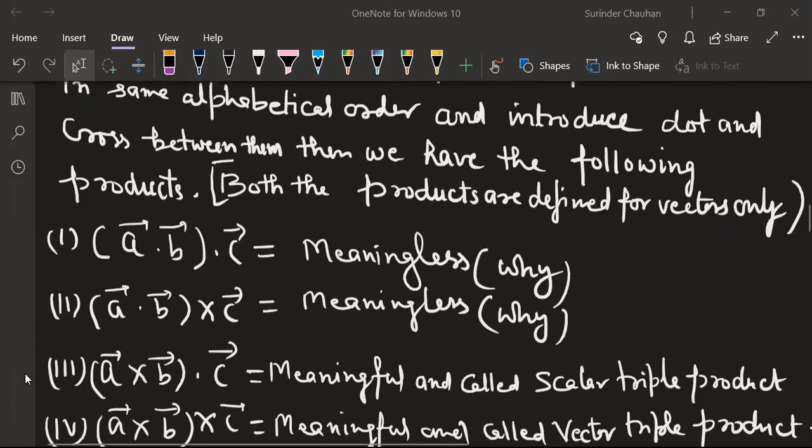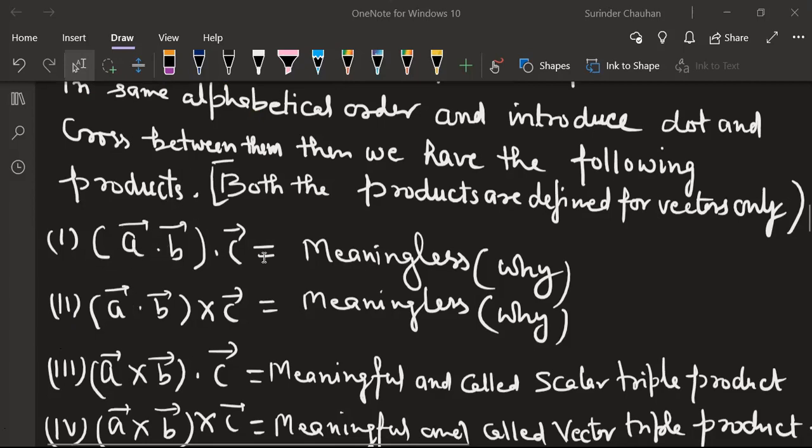So for finding the triple product with dot and cross product, we have these four possibilities: first, A dot B cross C; second, A dot B dot C; third, A cross B dot C; fourth, A cross B cross C. Now let's conclude which of these triple products is meaningful or meaningless, and why.